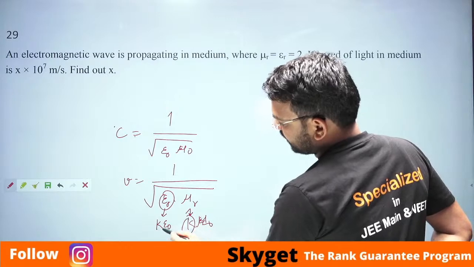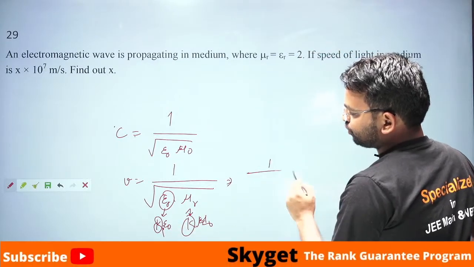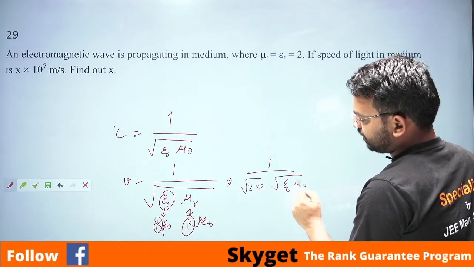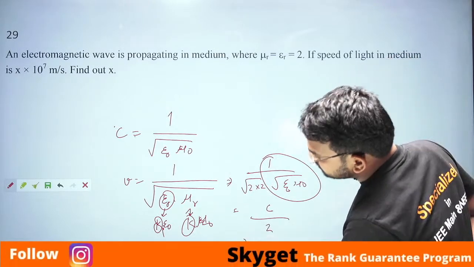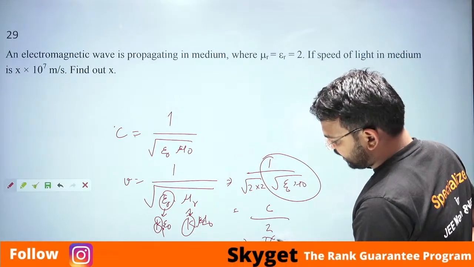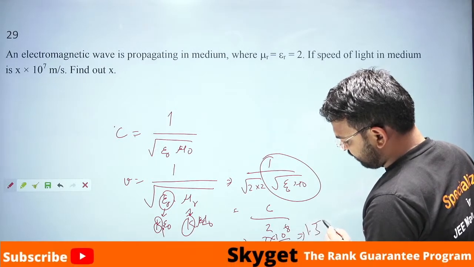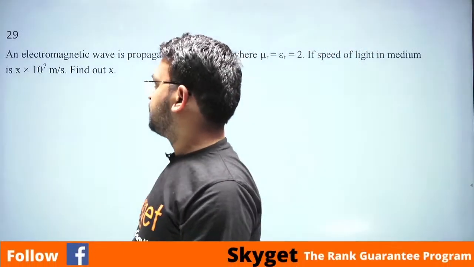In this case they have given K1 and K2, which is 2 and 2, so this is going to be 1 over square root of 2 into 2 into epsilon naught into mu naught, and this value is equal to C. So C by 2 will be, I guess, C is 3 into 10 to power 8 divided by 2, which will give me 1.5 into 10 to power 8. That has to be your answer in this solution.